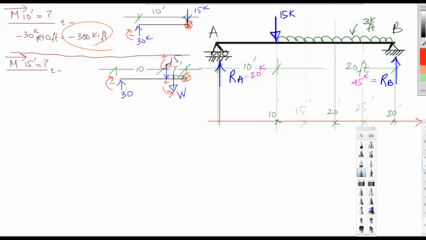So I have again the same thing: minus 30 kips multiplied by this entire distance, which is 15 feet. Then I have plus 15 kips multiplied by 5 feet, this distance only.